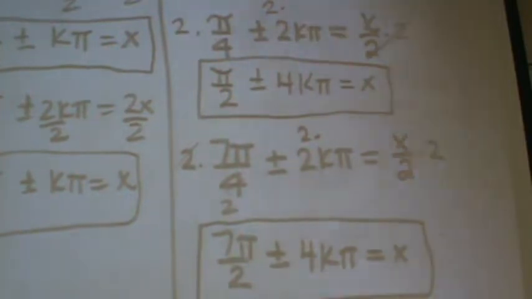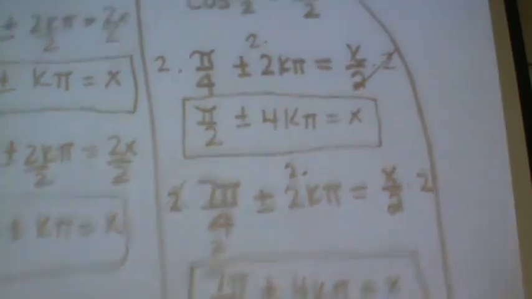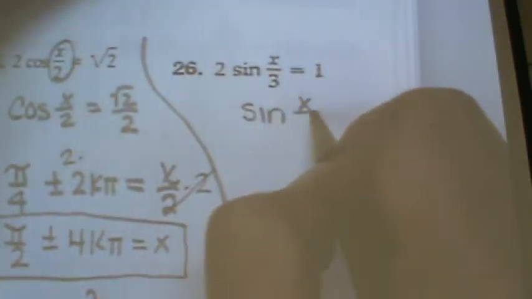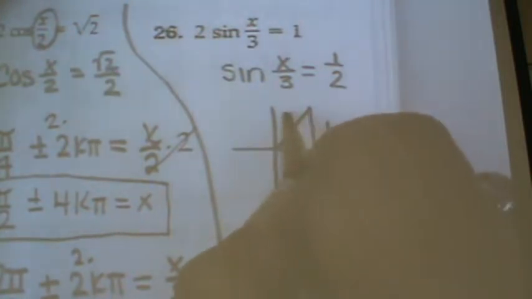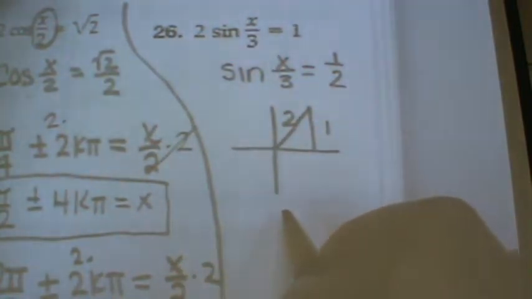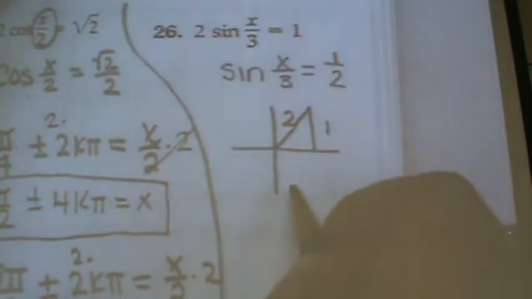And 26, help me out. What do you do? Divide by 2. Then what? What angle am I? 30. What's another name for 30?